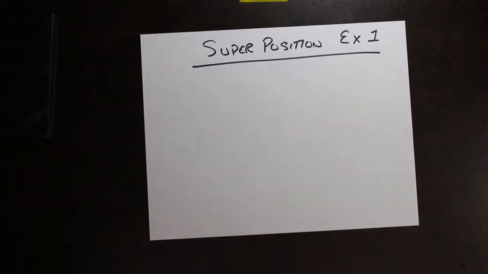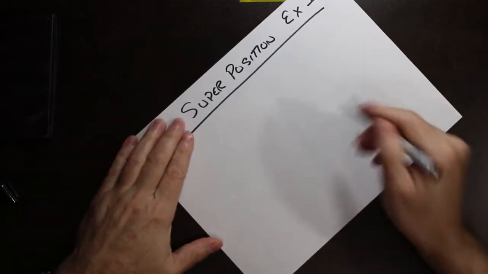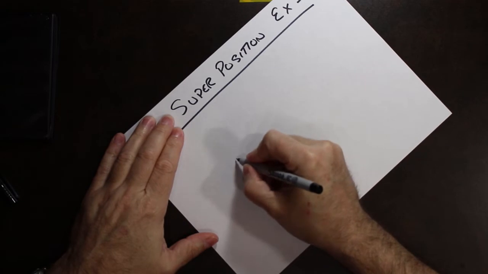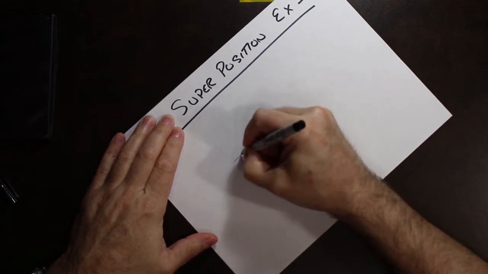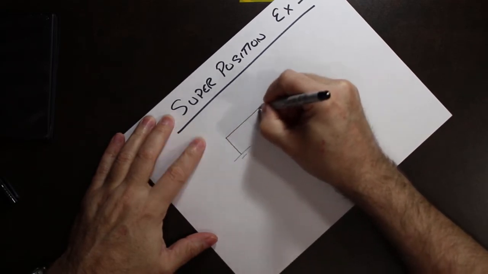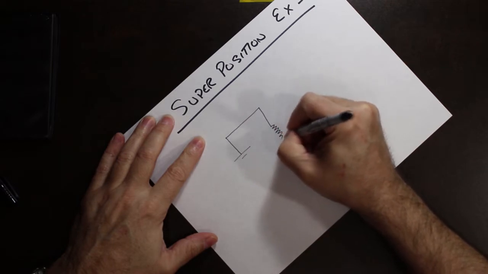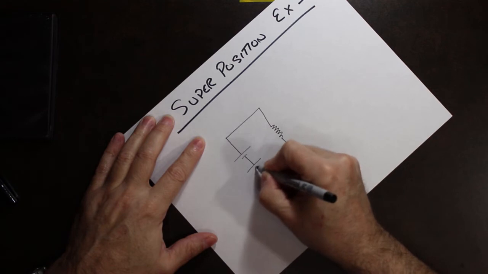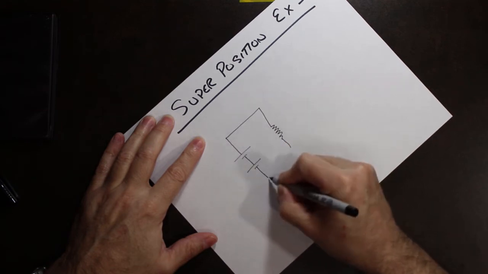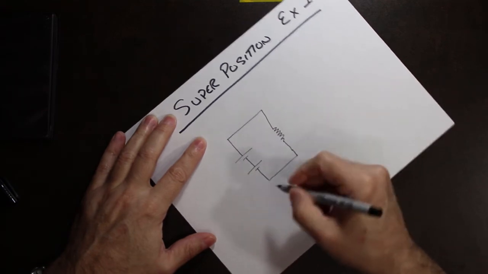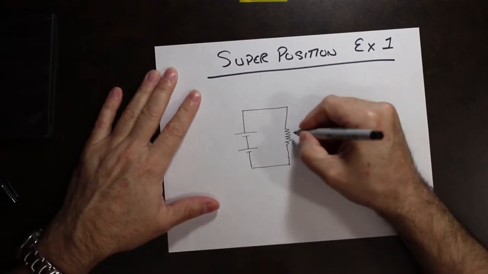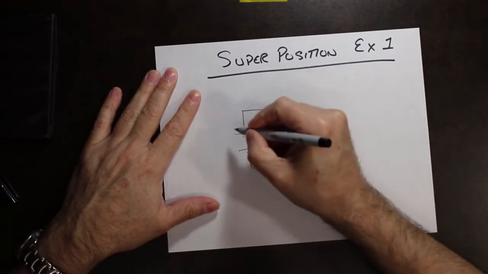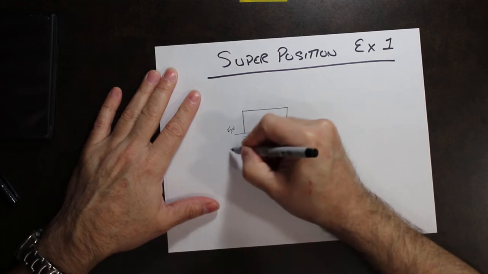So what we're going to do is show you superposition theory really simply. What happens if we have two power supplies connected in series like this, and we have a 1K resistor sitting here, and I'll say that this is 5 volts and 10 volts.